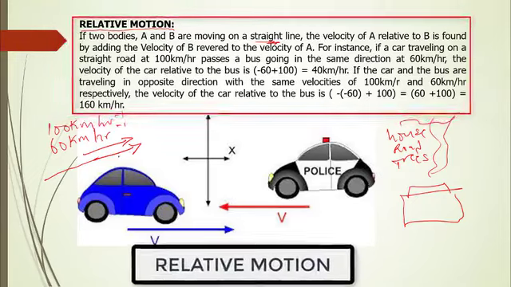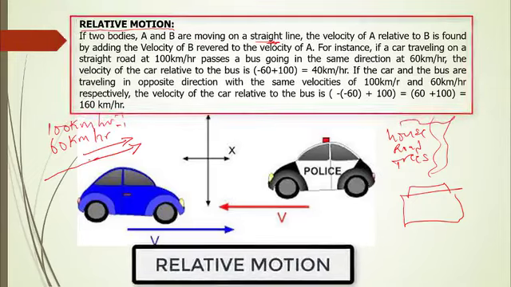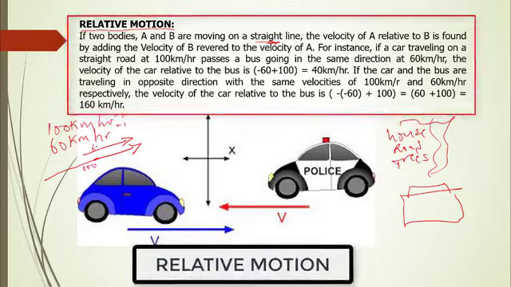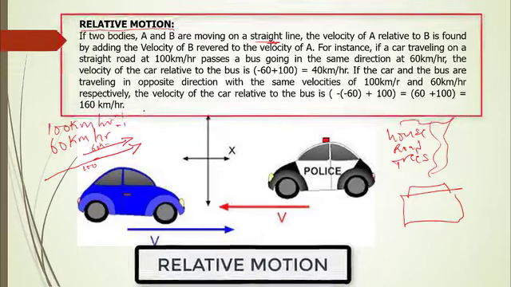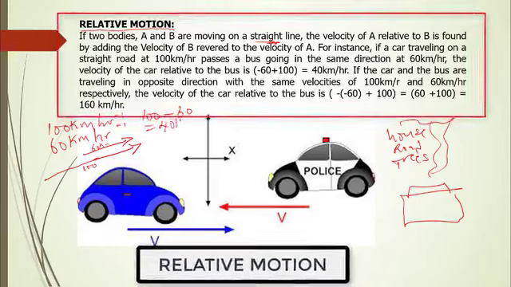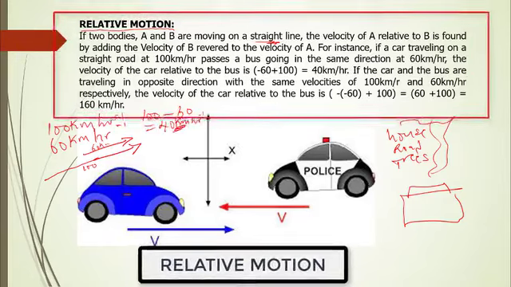Velocity is a vector, and both of them are not the same. So 100 kilometers per hour for one, and then 60 kilometers per hour for the shorter one. Now, if both of them are traveling in the same direction, it's going to be the velocity of the bigger one, 100, minus the velocity of the smaller one, 60, and we're going to have 40 kilometers per hour. That is their relative motion.